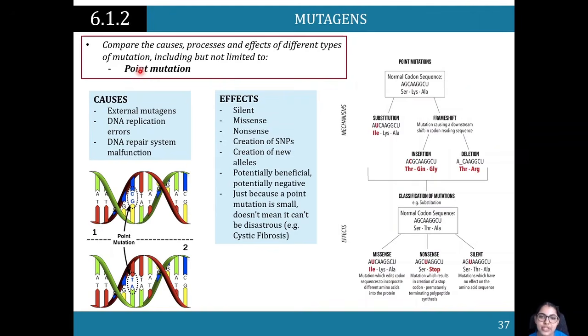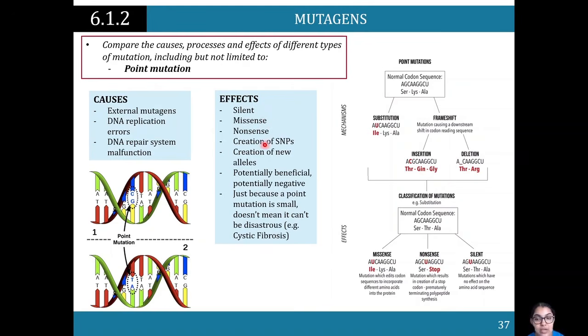Point mutations are mutations in the coding sequence that affect just one or two nucleotides, and they can have specific effects. It can lead to a silent mutation, which means we don't see an effect on the amino acid sequence that's produced.